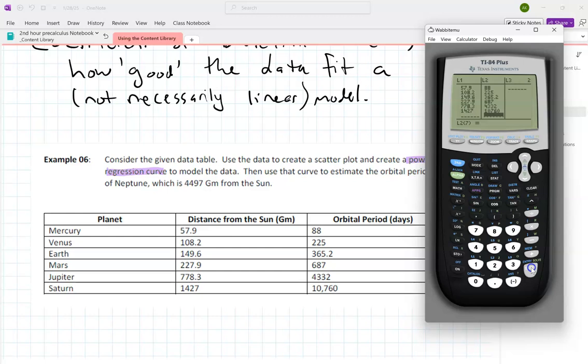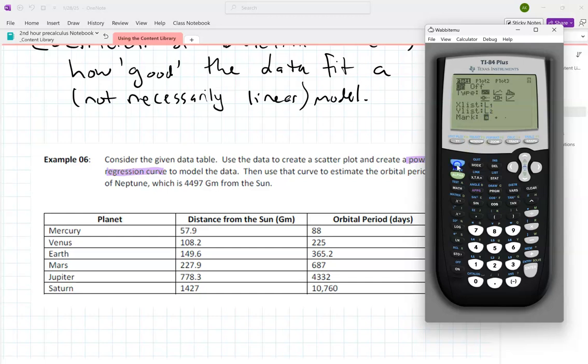Okay. So I'm going to exit out of here now. To create the scatter plot, I'm going to go to the stat plot, so second and Y equals. I'm going to pick Plot 1. Make sure it's on. L1 and L2 are the lists that I'm using. I'm marking with the square.